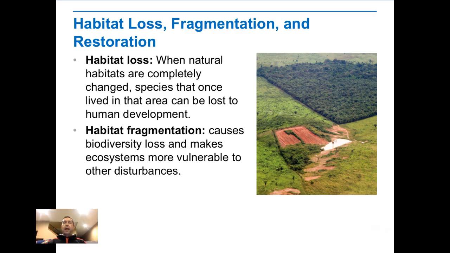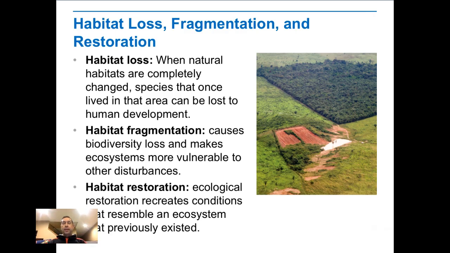Even though you may have intact, healthy environments, because they're very small, you have more edge effect, which leads to less healthy ecosystems. Sometimes it cuts down on the movement of things because they're not able to get from one fragment to another. And so all those things can have a negative impact on the living things in those areas.